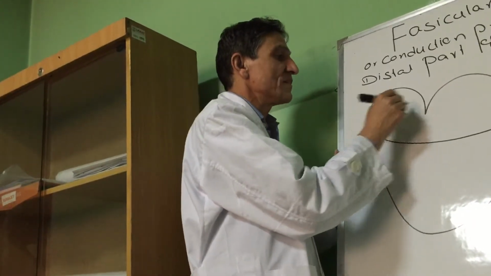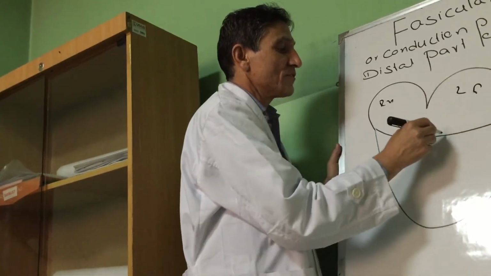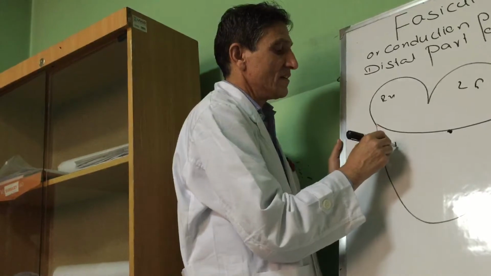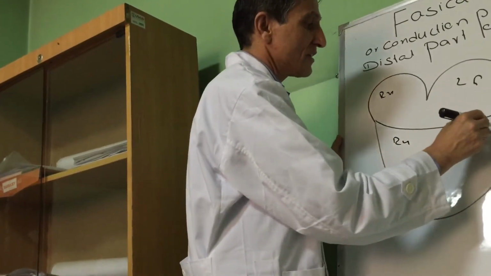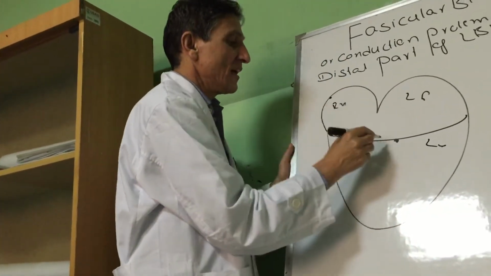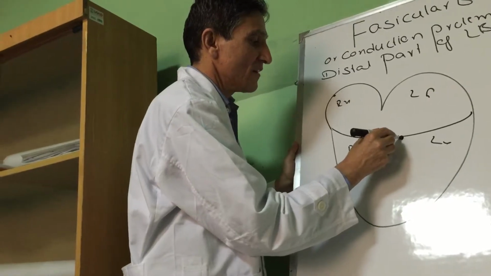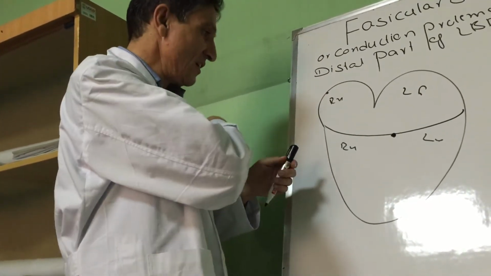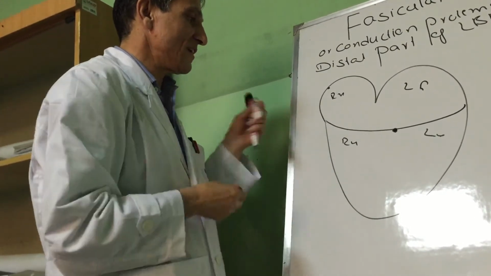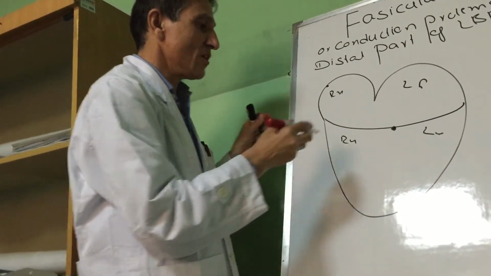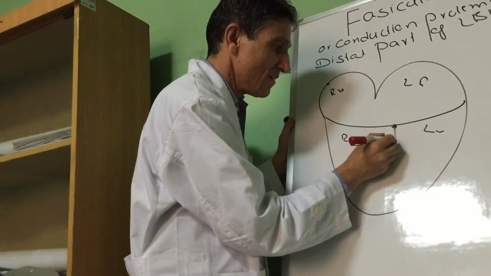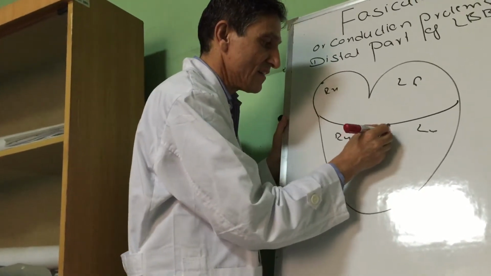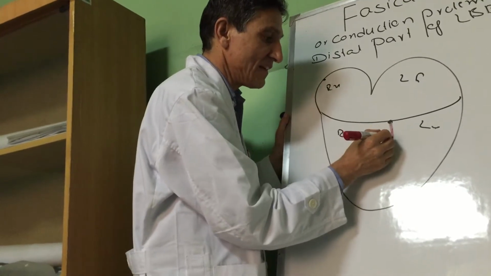Right atrium, left atrium, right ventricle, and left ventricle. SA node and AV node. This was the AV node. This was the bundle of His.